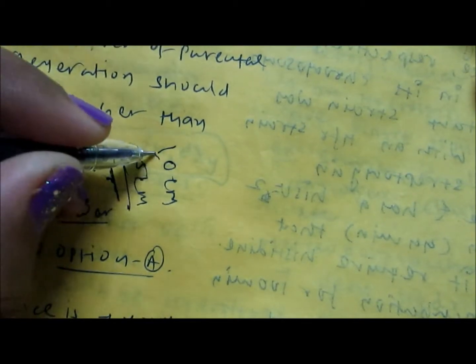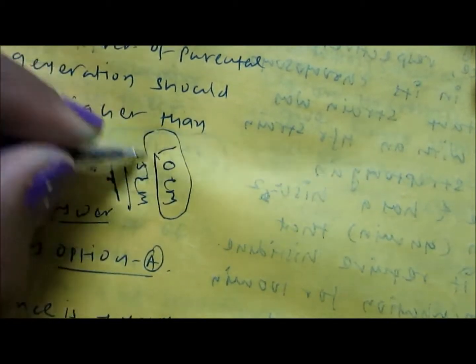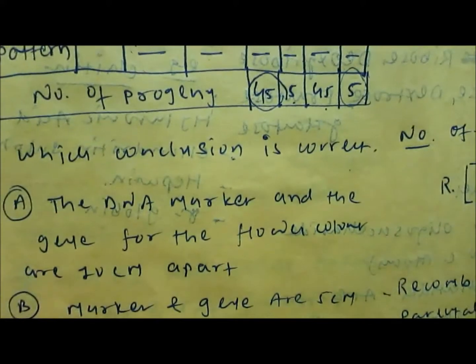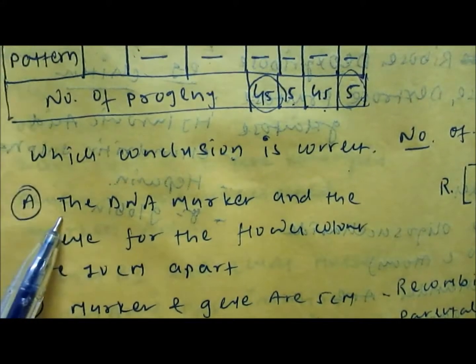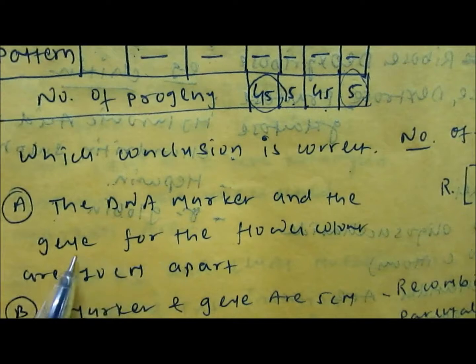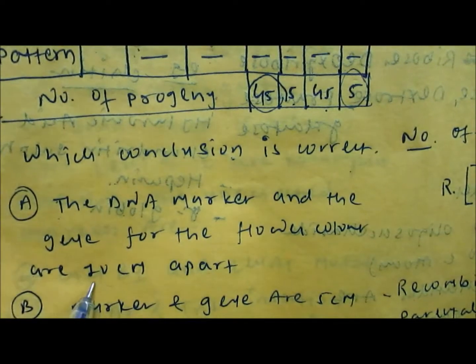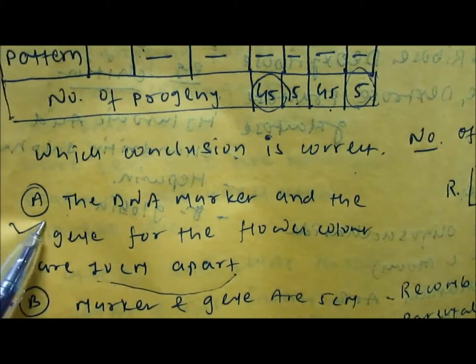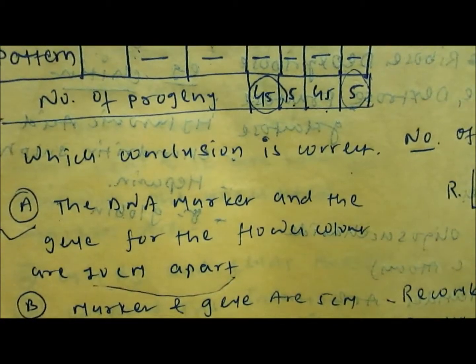So obviously the distance should be 10 centimorgan, and our option 1 fulfills this condition. Option 1 clearly states that the DNA marker and the gene for the flower color are 10 centimorgan apart. So option 1 is the correct answer for this problem.